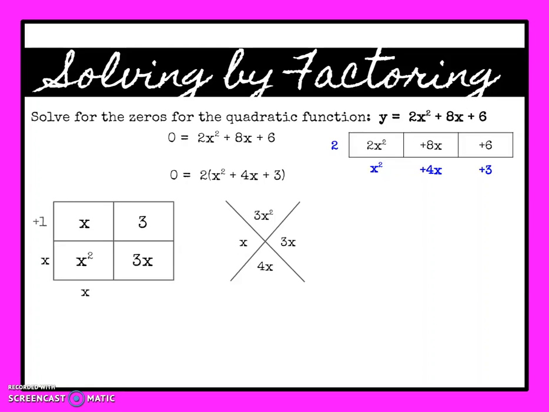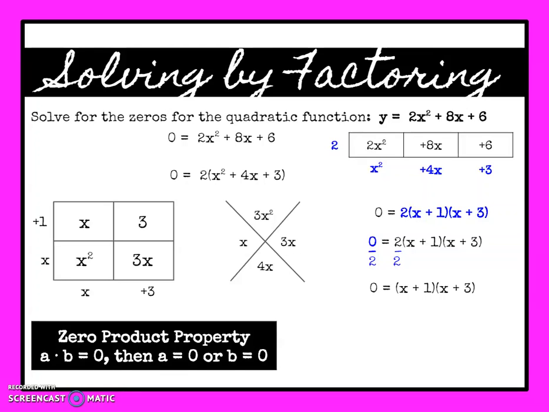I then find the factors for each of my partial areas, and I can rewrite this expression in my equation as 0 is equal to 2 times x plus 1 times x plus 3. Now to begin to solve this, I can divide both sides by 2 because I want to set each of my factors, x plus 1 and x plus 3, equal to 0, so that I can use the zero product property.